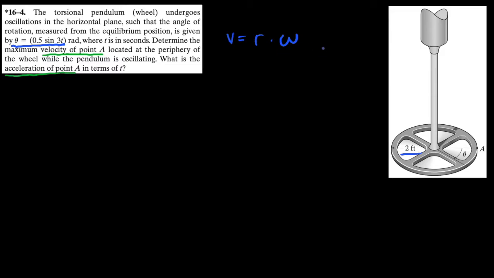We don't know angular velocity, but we can calculate it by taking the derivative of theta, the angular position, with respect to time. This will give us angular velocity. Furthermore, to calculate angular acceleration, we take the derivative of angular velocity.